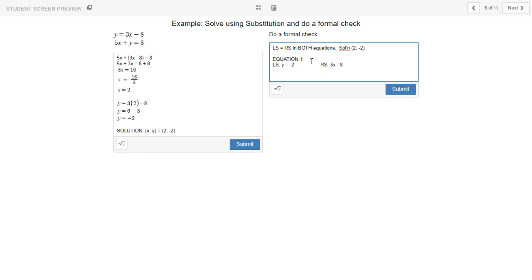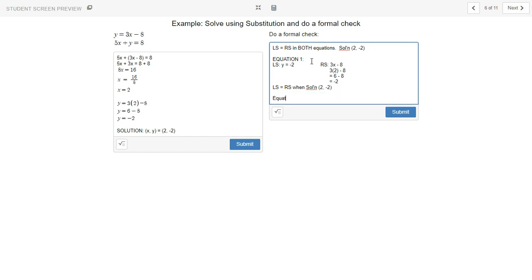So when we substitute it in, 3 times 2 minus 8, and that gives us 6 minus 8. 6 minus 8 is equal to negative 2. Now we've shown that left side is equal to the right side when the solution is 2, negative 2.